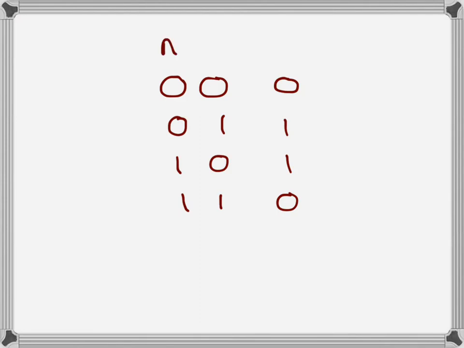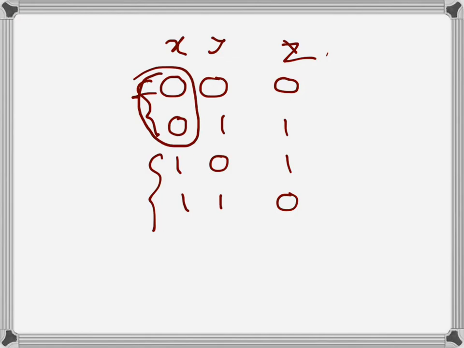Let's say this is X Y, and this is Z, the XOR gate output. What we observe is, if we see these two and these two separately, here when X is 0, Z is just following Y, the same thing. But when X is 1, Z is becoming the invert of Y.